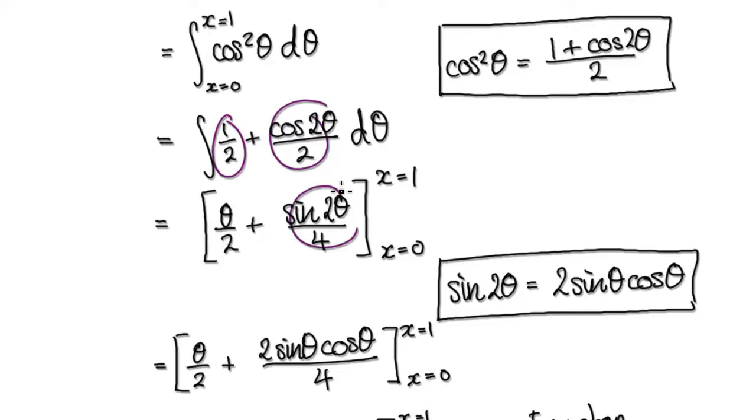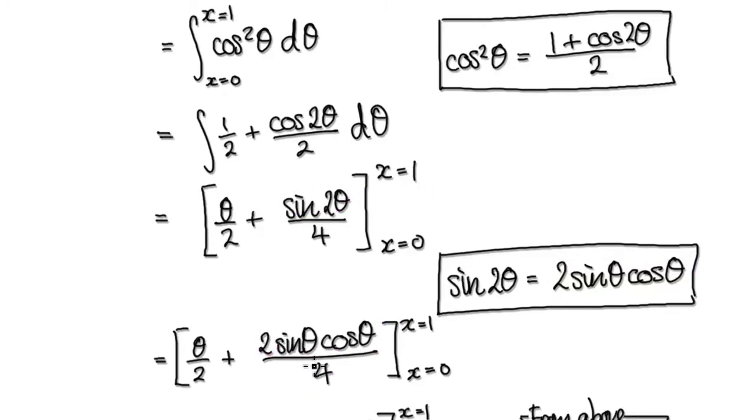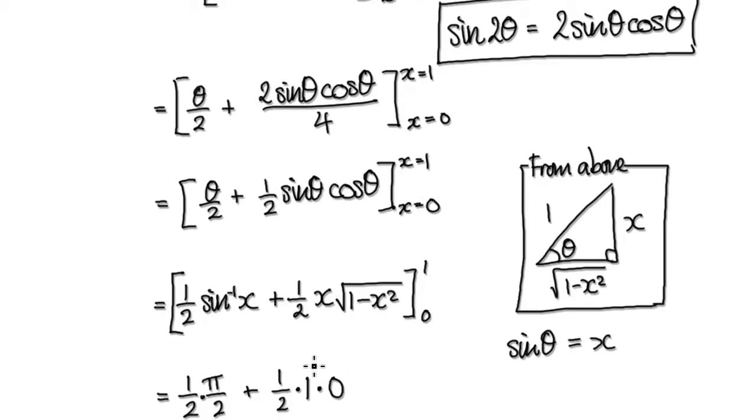Integrate this, it will then be this. But we want to translate everything. We can't really translate a double angle. So let's make use of this. Putting this into here will give us this thing here, and then the 2 and the 4 will simplify, and it will then give us this.